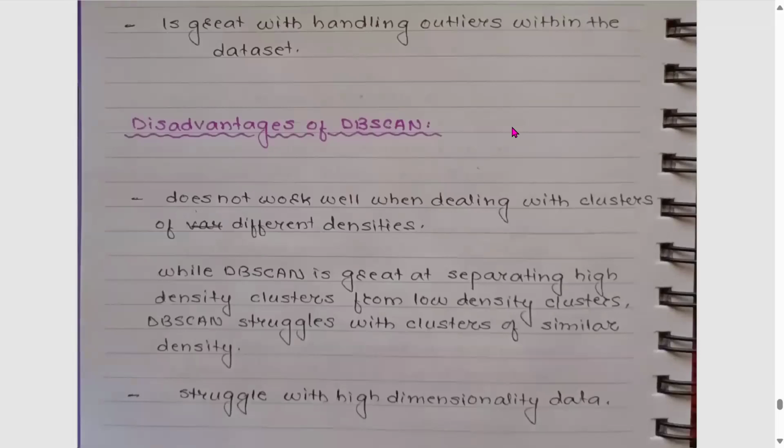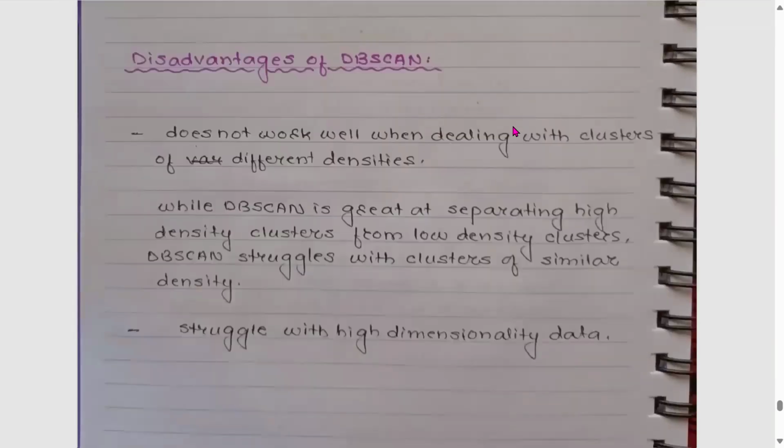Disadvantages of DBSCAN: it does not work well when dealing with clusters of different densities. While DBSCAN is great at separating high density clusters from low density clusters, DBSCAN struggles with clusters of similar density.